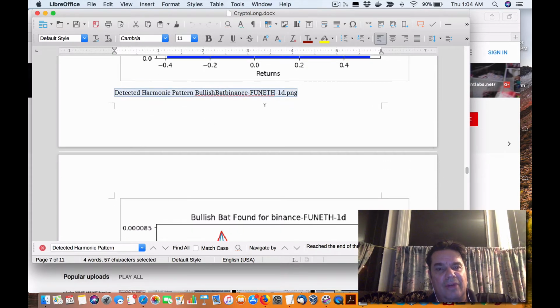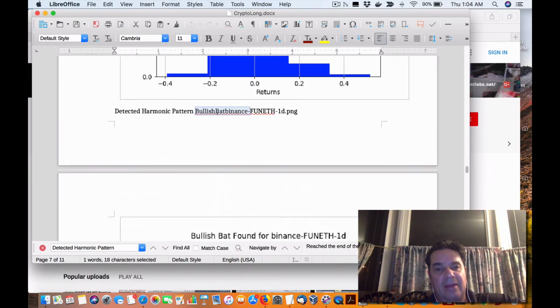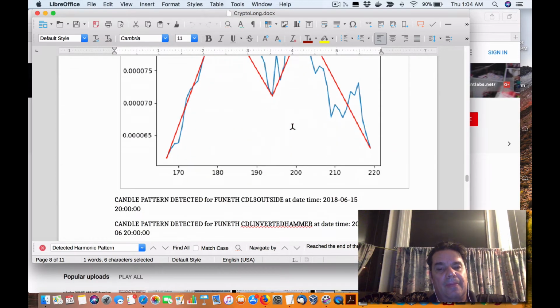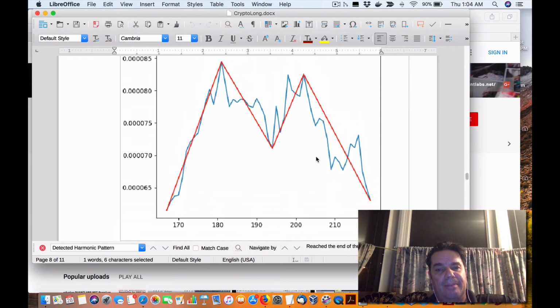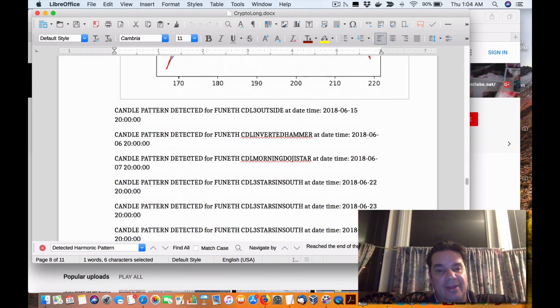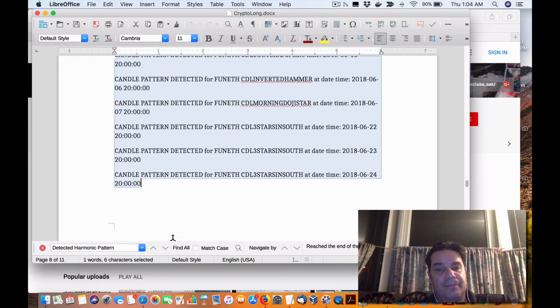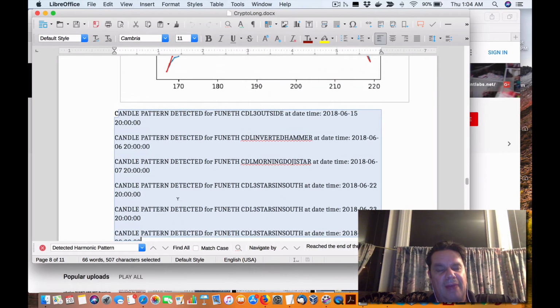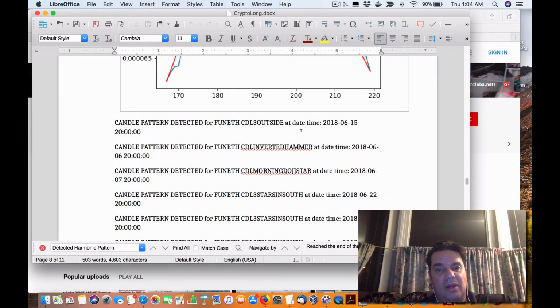I wanted to let you know I've added now the harmonic pattern. So here we've just generated a bullish bat with fun Ethereum. This is using a one-day chart. So this is what the bullish pattern would look like, bullish bat. And then on top of that, we have a bunch of candle patterns that are detected as well.